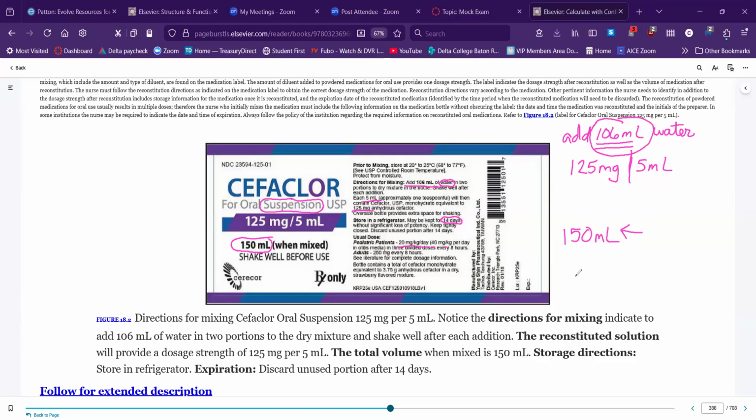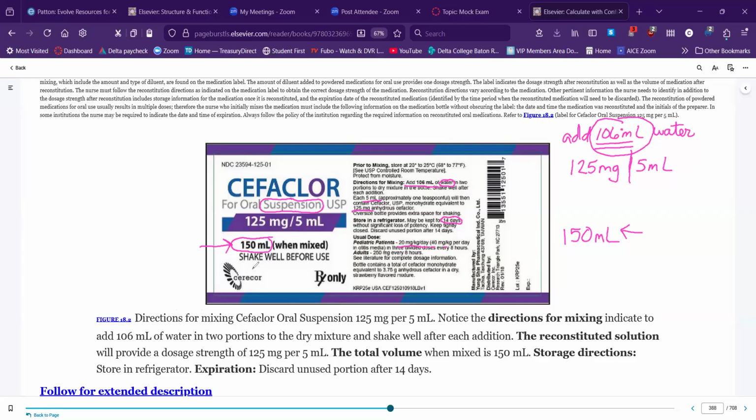So the other thing, I want to explain why these two numbers are different. Once you add 106, how did I come up with 150? This 150 is your whole bottle. So when I'm figuring out my dose, how much I'm going to give, I'm not going to worry about this whole bottle, right?